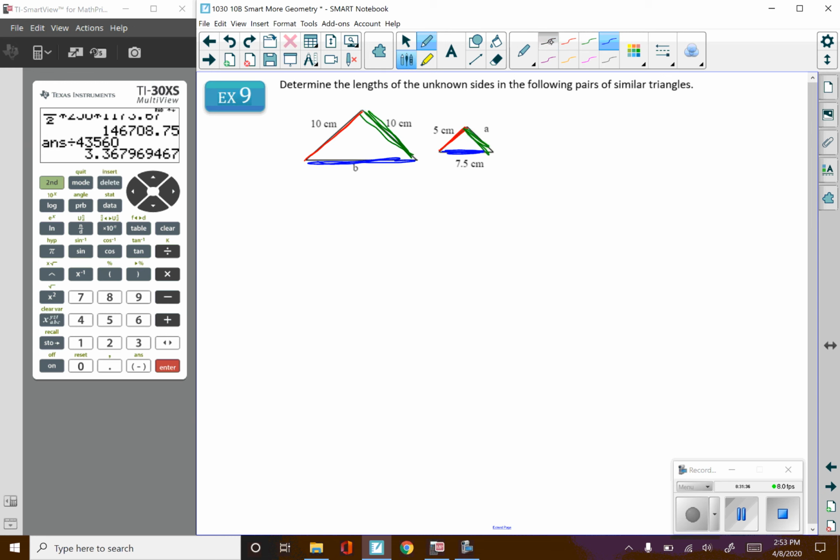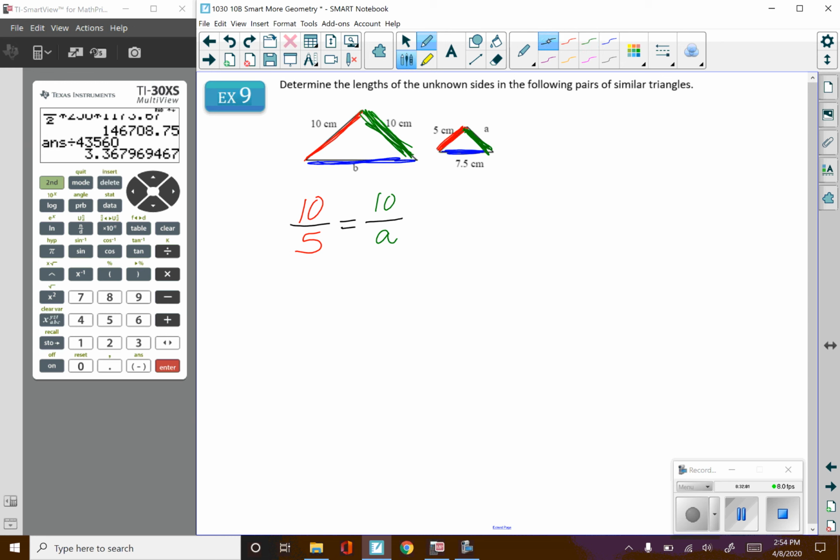So in my first proportion, I'm going to solve for A. So I'm going to use the red sides. So in the large triangle, it's 10, and in the small triangle, it's 5, so 10 over 5. And then I'm going to use the green sides in my other proportion. Starting with the large triangle, just like I did before, it's 10 over A.